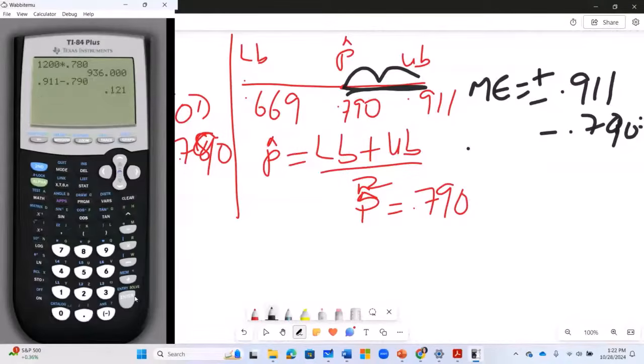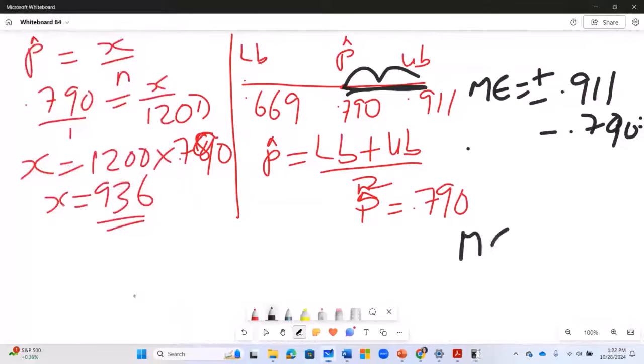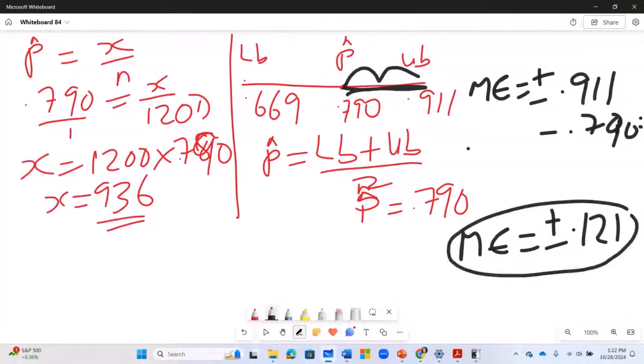So the margin of error is equal to plus or minus 0.121. By the way, what do I mean by margin of error? If I add 0.790 plus 0.121, I get the upper bound. If I subtract 0.121 from 0.790, I get the lower bound.